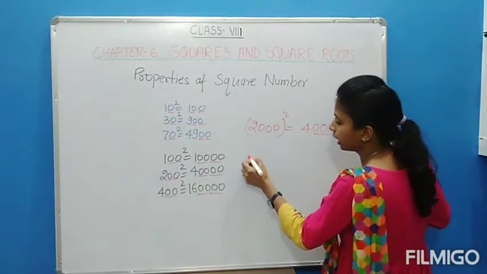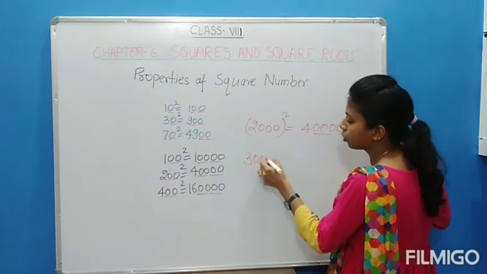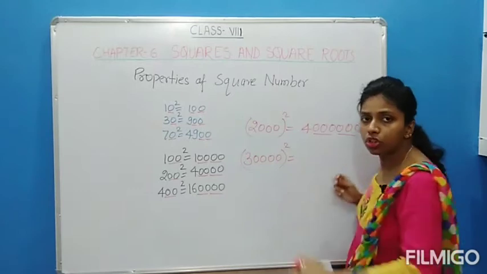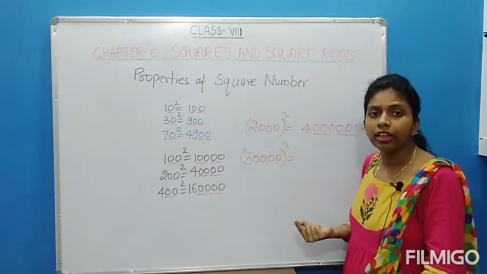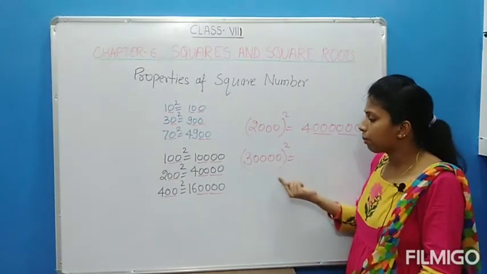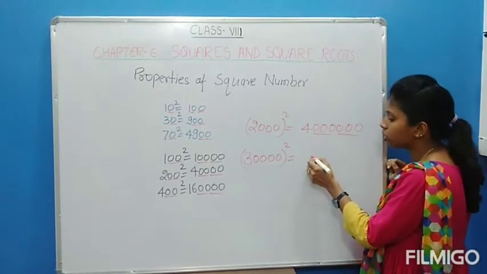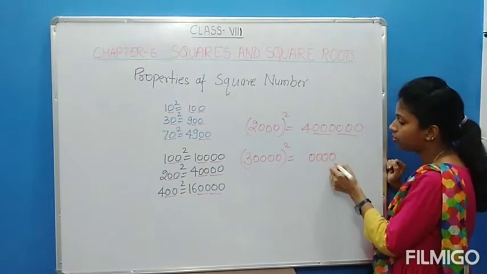Suppose I'm taking an example with 4 zeros. After squaring, the number of zeros becomes double of 4, means 8.